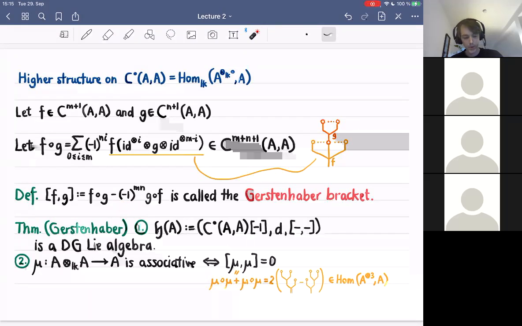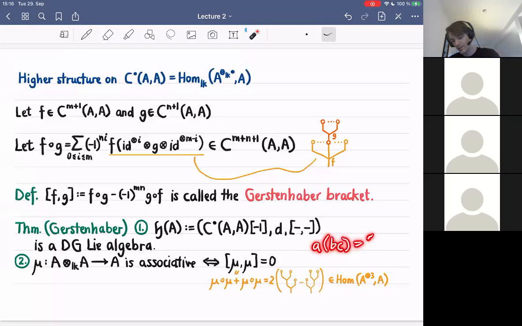And then mu circle mu is exactly the associativity condition defined by mu, an element in Hom of A tensor 3 to A. So if this is 0, then this is associative, because this is exactly the condition that (AB)C should equal A(BC).